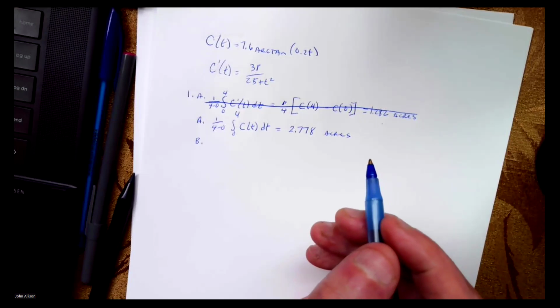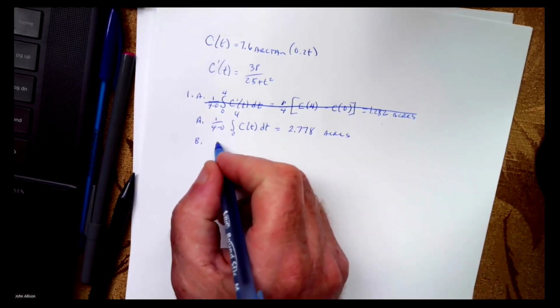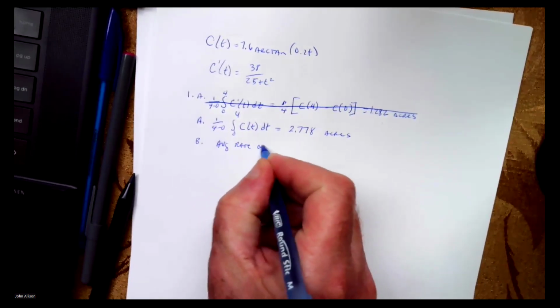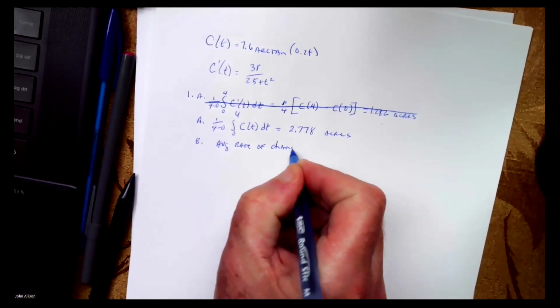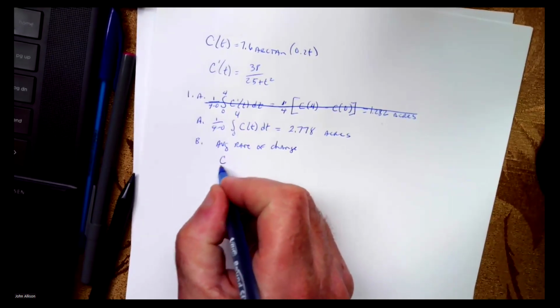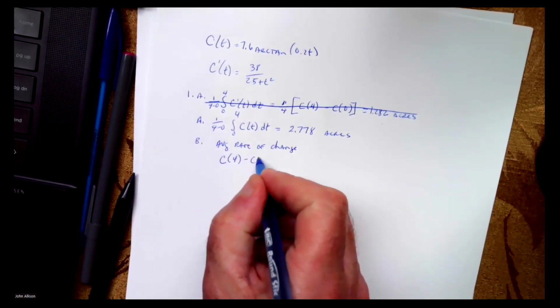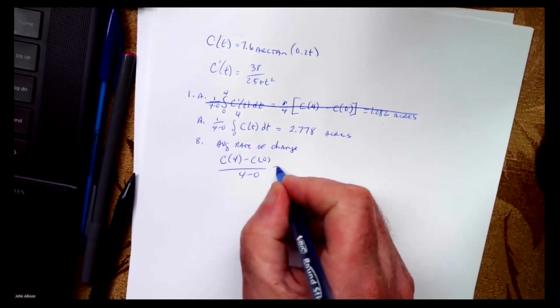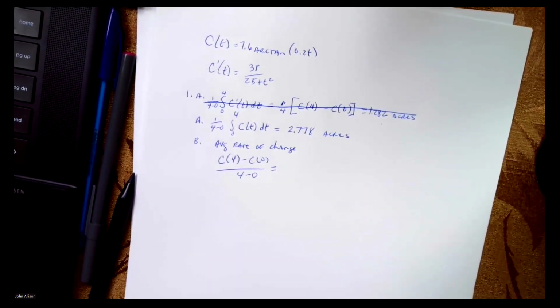The average rate of change is going to be c of 4 minus c of 0 over 4 minus 0. And that's going to equal, let's go to the calculator again. And this time I'm going to go to the table and get c of 4 and c of 0.